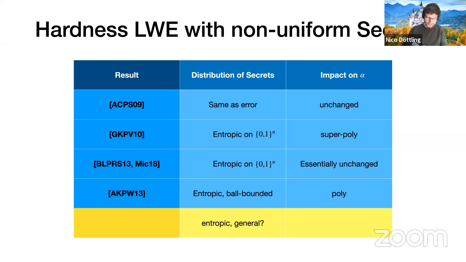Well, here, this first work by Applebaum et al., the distribution of secrets is the same as the error. Goldwasser et al., it's uniform, or it's entropic on {0,1}^n. So you will find that all of them could only give security guarantees for LWE, or hardness guarantees for LWE, if the distribution of secrets was short.